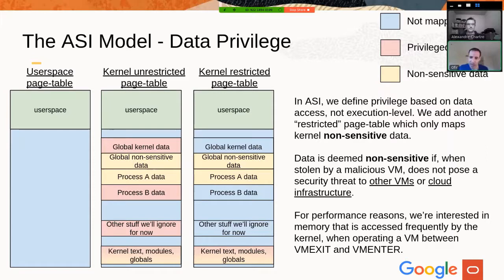Basically, non-sensitive data is data that we are okay with if it's stolen, if a malicious virtual machine tries to perform an L1TF attack or MDS attack to steal the data; stealing this data will not pose a threat to other virtual machines or to the cloud infrastructure. And for performance reasons, we clearly care about data that is frequently accessed in order to serve a VM exit. Because if data is frequently accessed and we do not consider it non-sensitive, we will incur many ASI exits, and any ASI exit obviously has a performance cost.